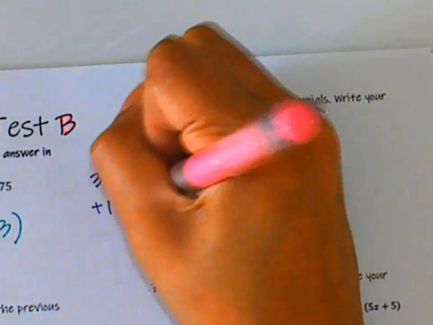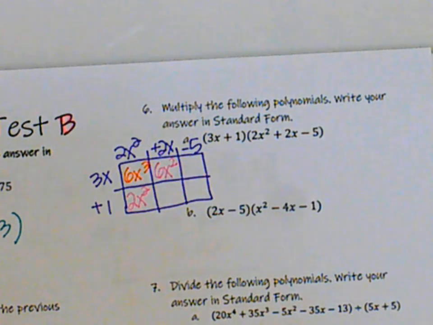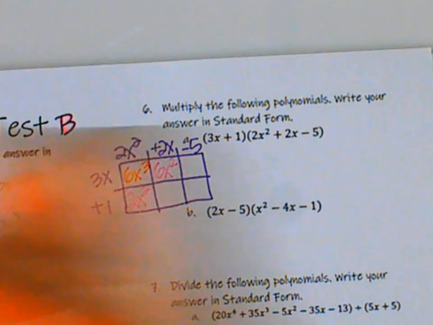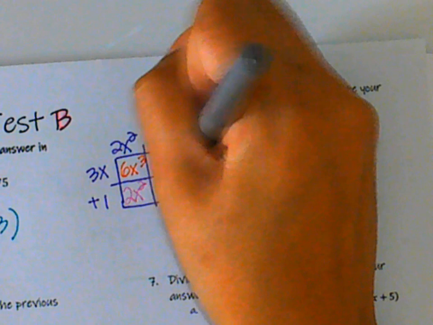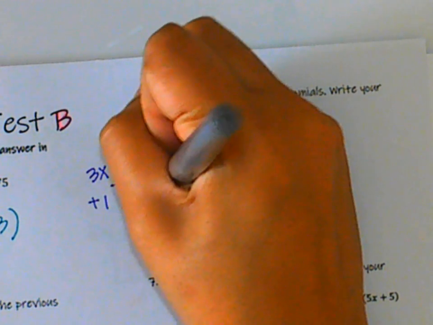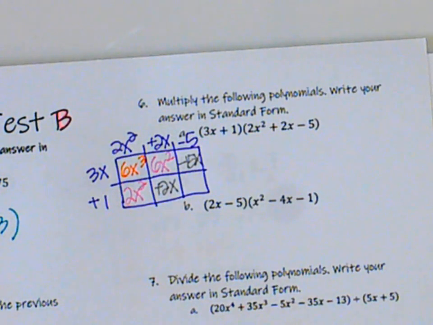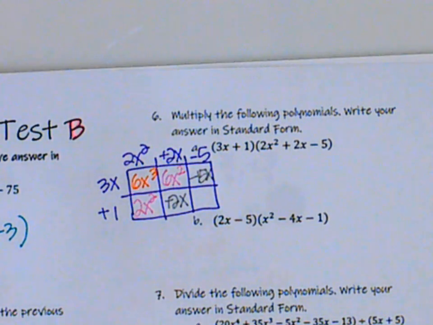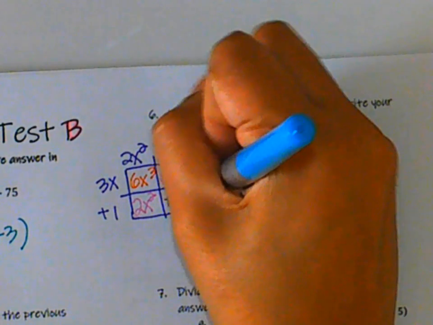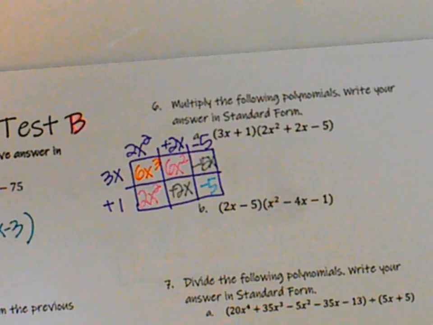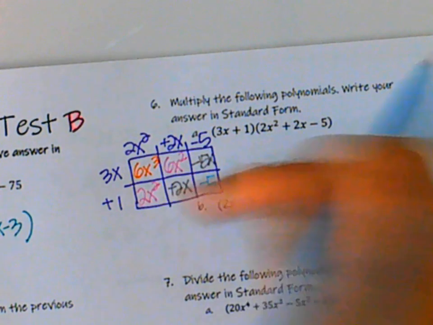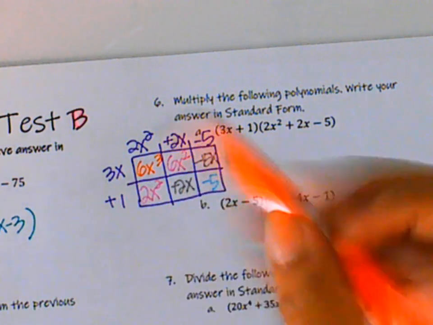Squared and 2x squared. Then we have minus 15x and 2x, negative 5. So I wrote these out color-coded so that I know which terms I'm going to combine.